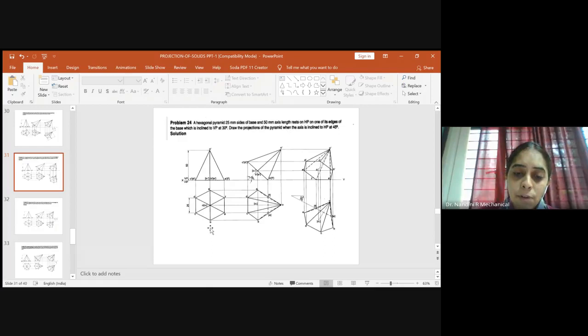And again, when the observer views from here, B and E are along the same line, right? So when he views from here, B will be visible and E will be hidden. So you will write B dash outside the bracket and E dash within the bracket. Along with it, you have the center O1 passing along the same line. Even that will not be visible. So you will write that in the bracket as O1 dash.